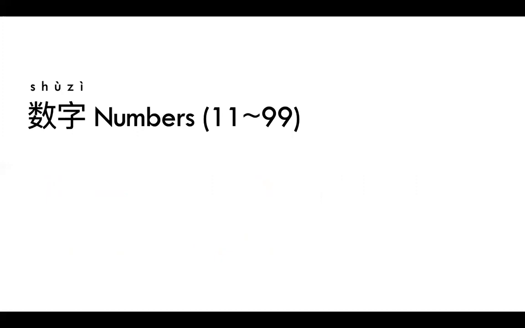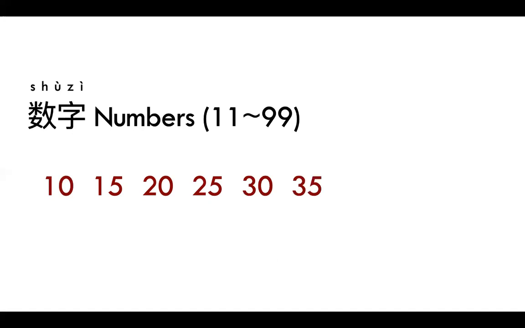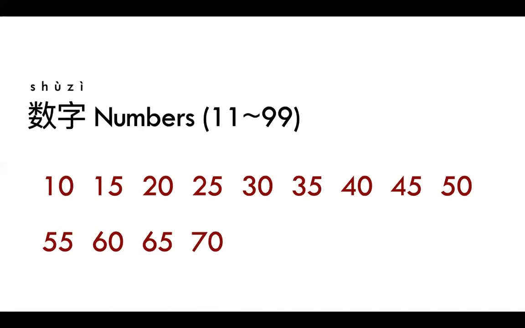This time we're going to skip count in 5, starting from 10. 10, 15, 20, 25, 30, 35, 40, 45, 50, 55, 60, 65, 70, 75, 80, 85, 90, 95.